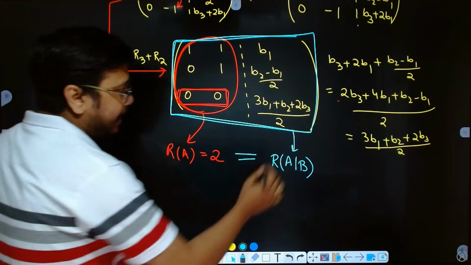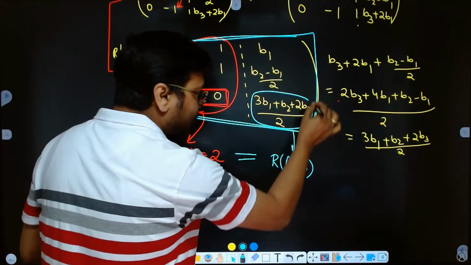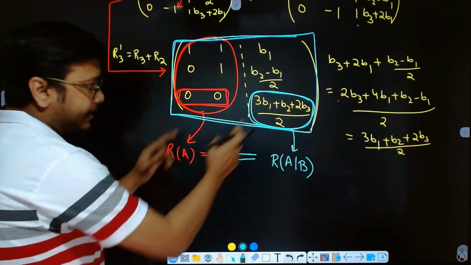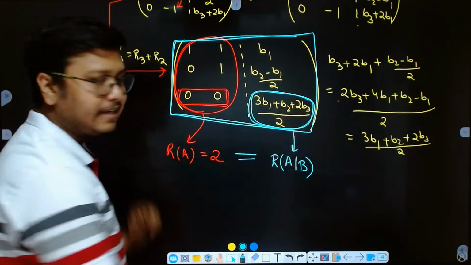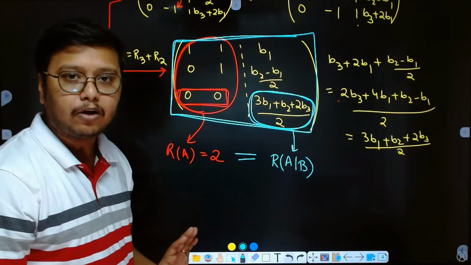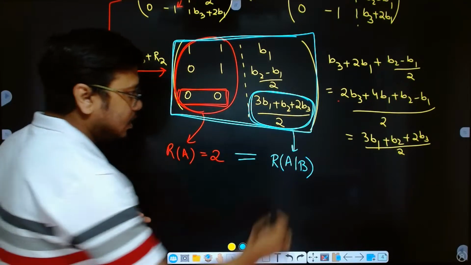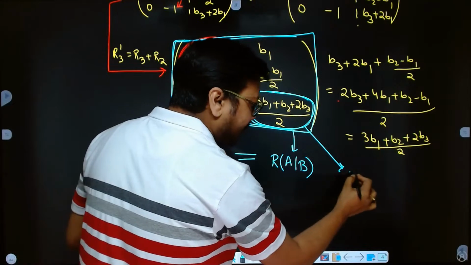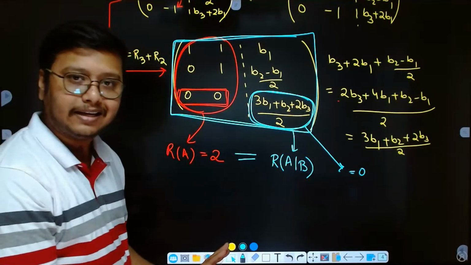The entire rank will be 2 if this position value becomes 0. If this position becomes 0, then the entire row of the augmented matrix becomes 0, so the rank of the augmented part also stays 2. That means this position has to be equal to 0. That's the criteria we are getting.